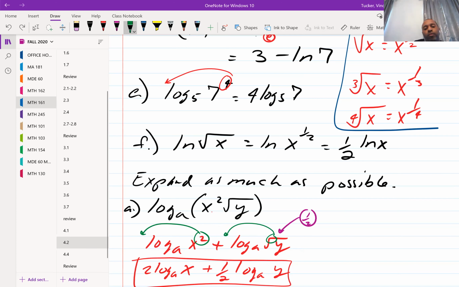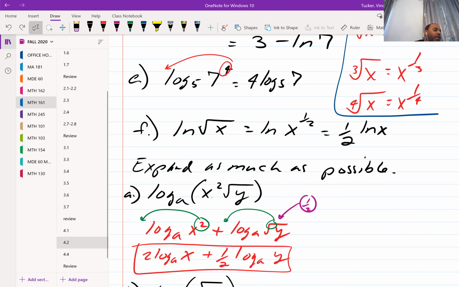Then we take our exponents to the front, and that would be 2 log base a of x plus 1/2 log base a of y. Any problems with that one before we go to the next one?